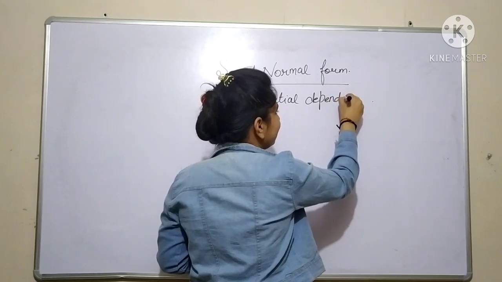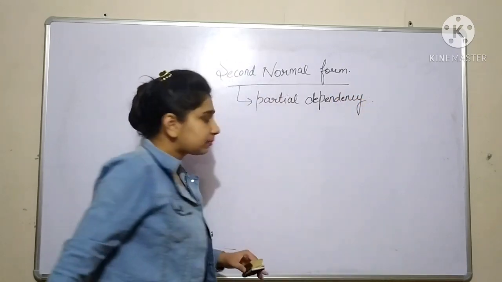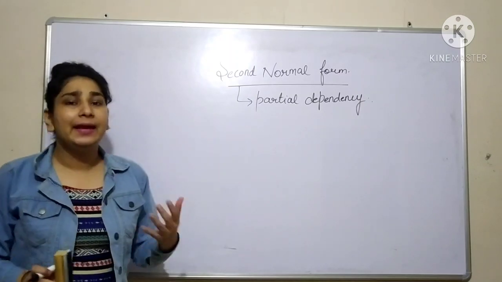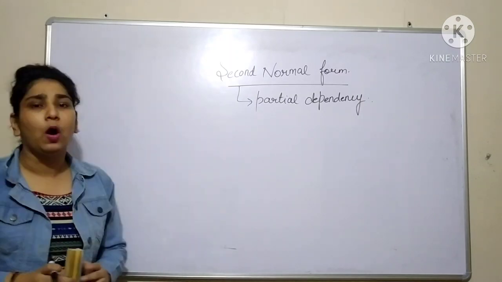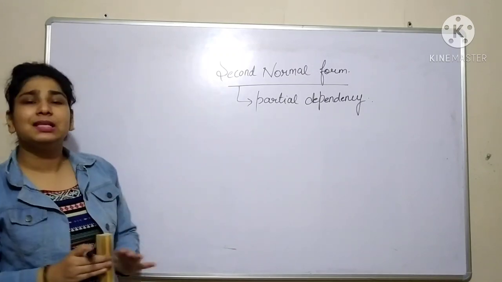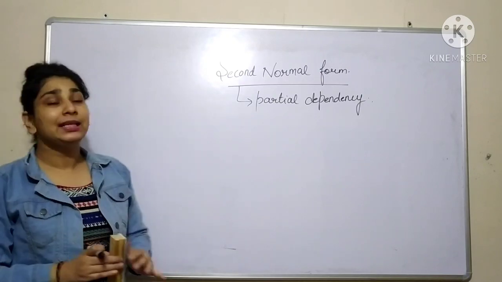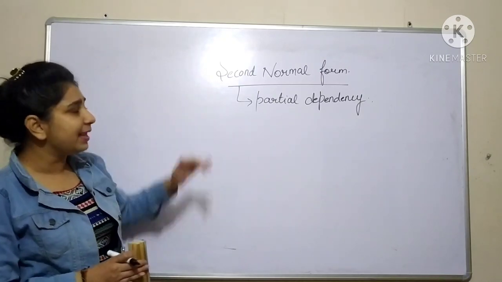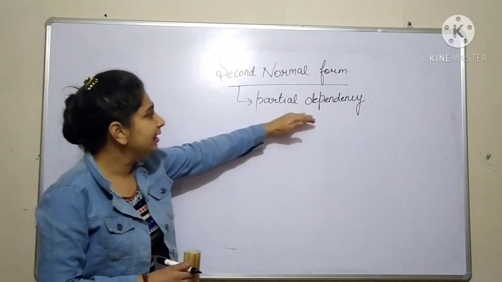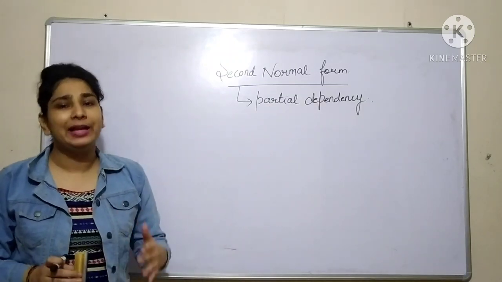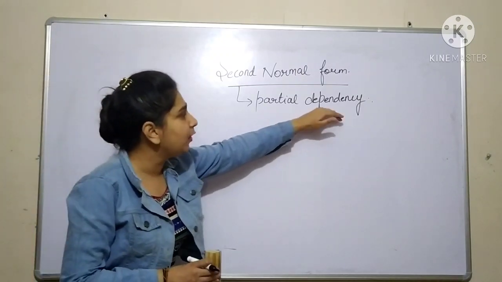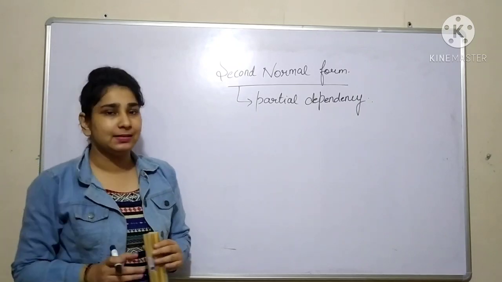We are just discussing the ways in which redundancy might occur in your table. Second normal form says there should not be any kind of partial dependency in your relation. I will tell you the meaning of partial dependency.